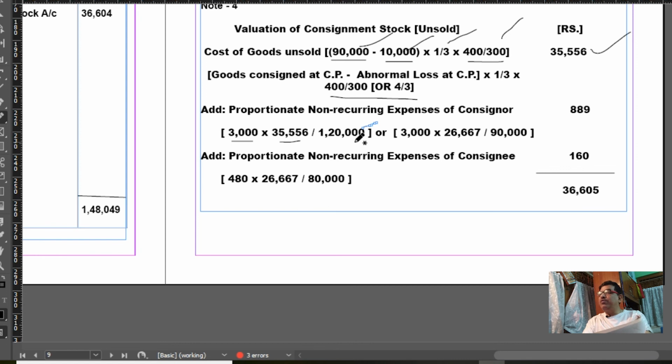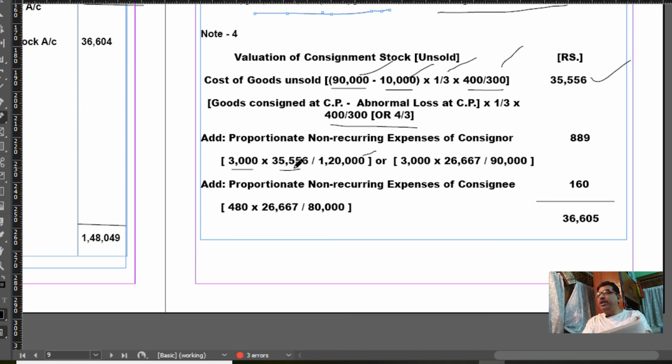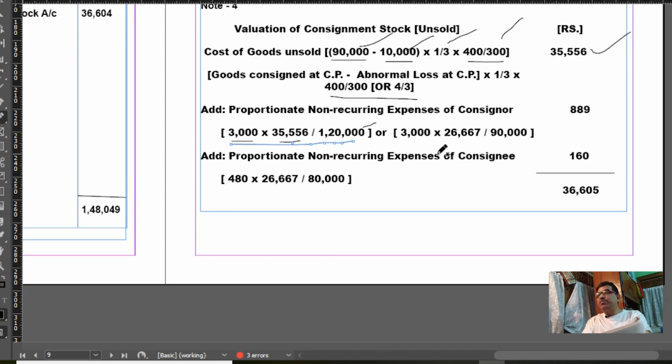And proportional non-recurring expenses of consignor, this amount is divided by 1,20,000 because it is at invoice price. You may also calculate 26,676. How did you get? From this part, we got this amount by 90,000. It is better to calculate in this way because it is at invoice price. Therefore, the last point is add proportional non-recurring expense of consignee, that is 480 into 26,676.